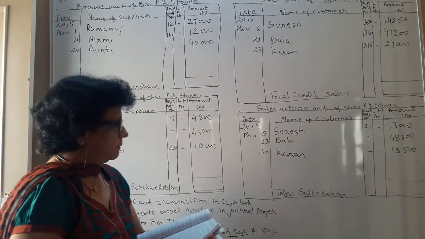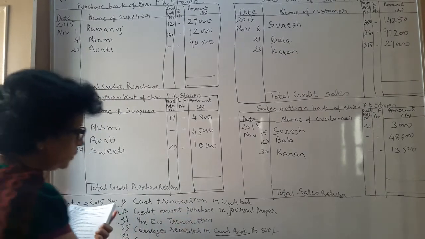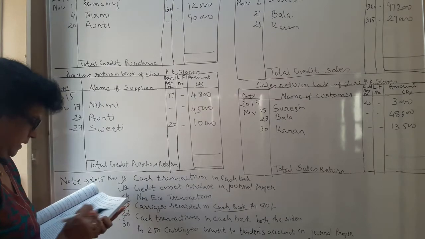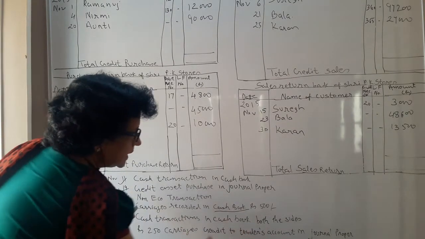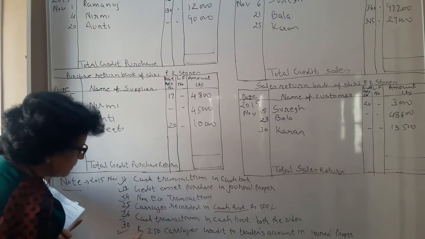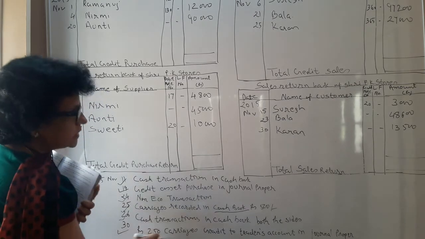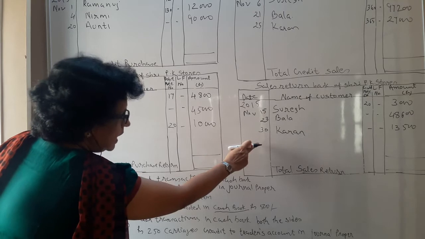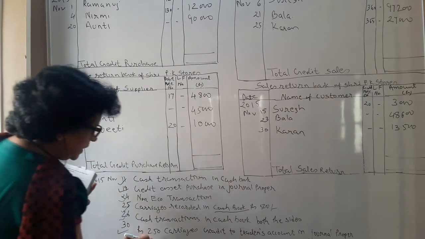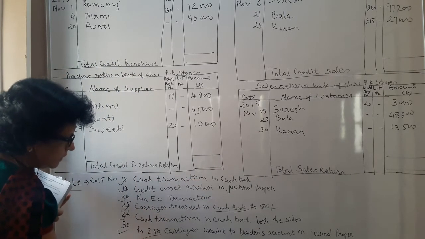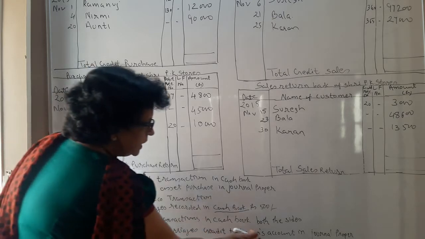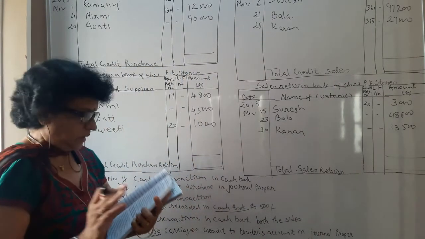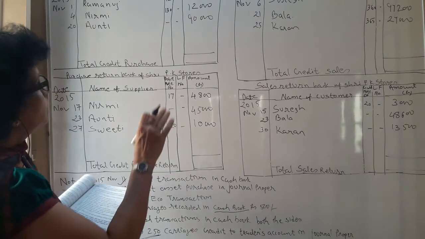The 250 carriage is to be recorded as a transaction in the journal proper. For the full amount the carriage was 500, so for half the amount 250 becomes the carriage. So 250 carriage, that we will credit to the trader's account in the journal proper. So this proportionate effect you have to do.